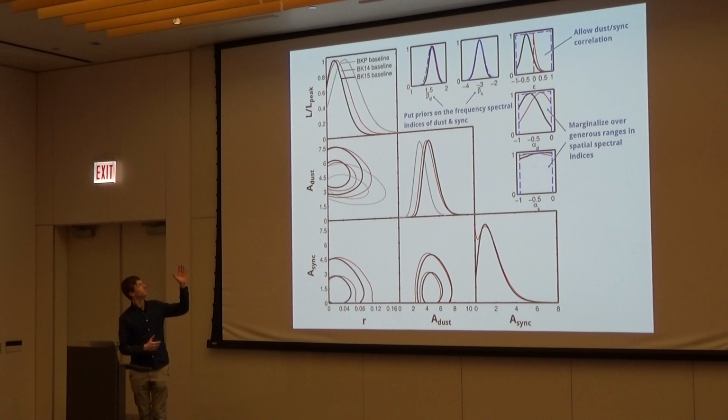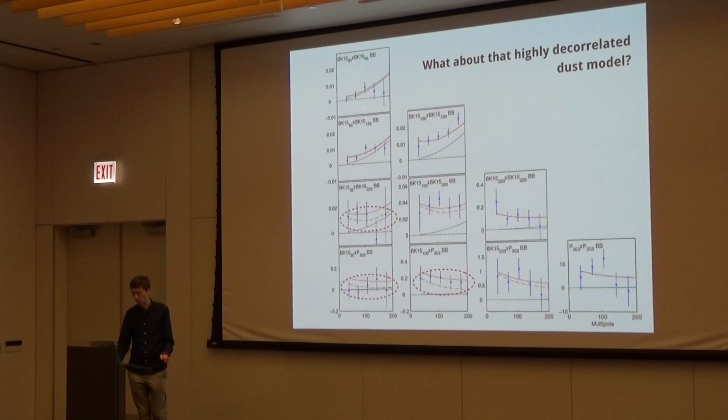It's also pushing down a little bit towards 0, which you can interpret as you like. And yet, of course, in all variants of this result we're quite consistent with the tensor to scalar ratio at 0.